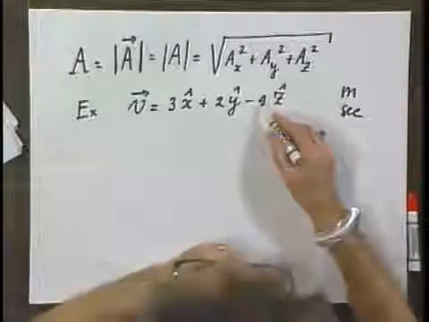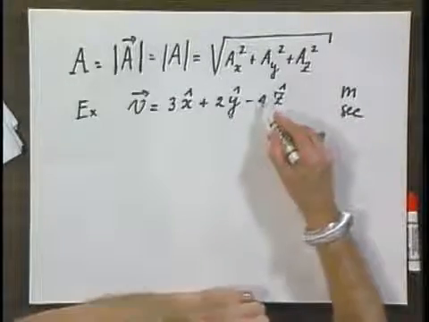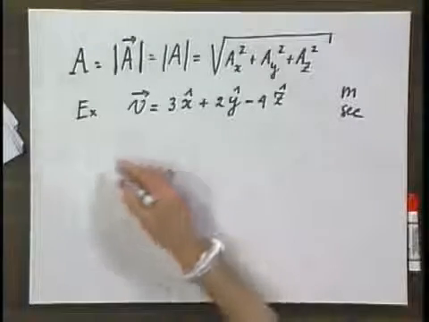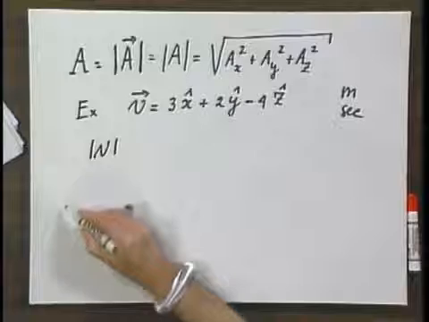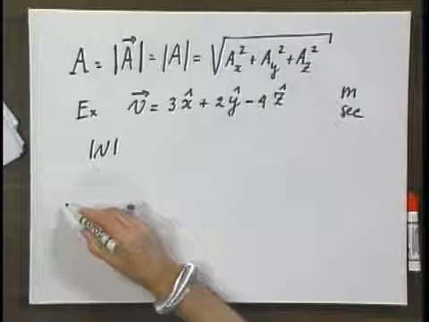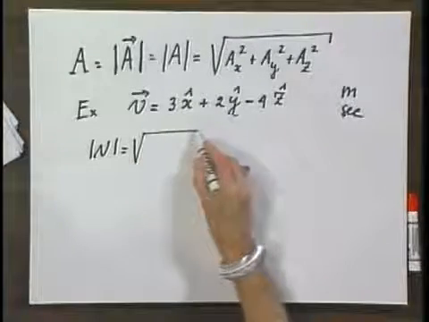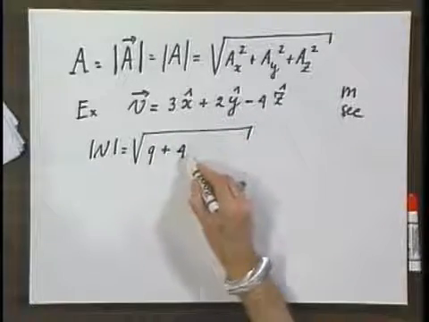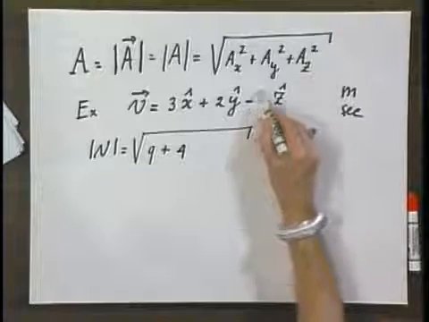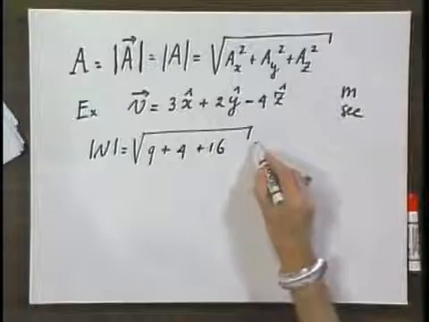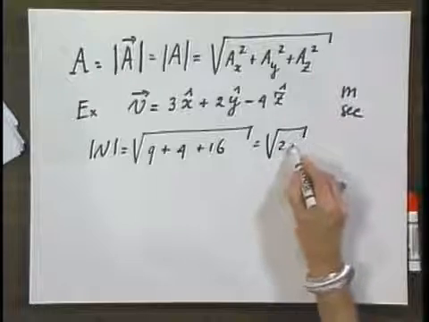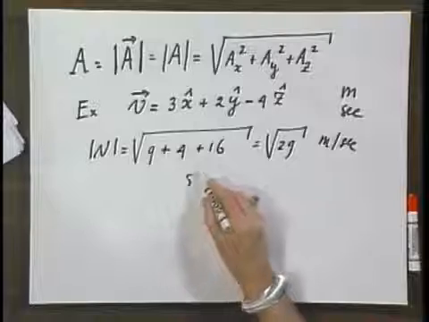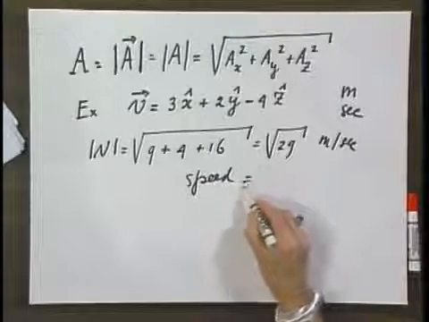The component of the velocity in the z direction is 4 meters per second, but it is in the minus z direction. The magnitude of this velocity vector equals the square root of 3 squared, which is 9, plus 2 squared, which is 4, plus minus 4 squared, which is 16. That's the square root of 29 meters per second. This is the speed, and so this is a scalar.